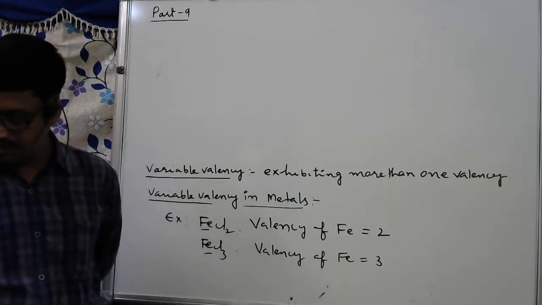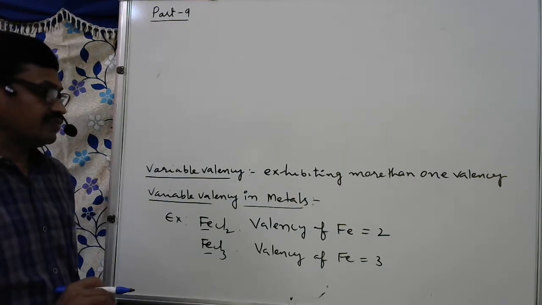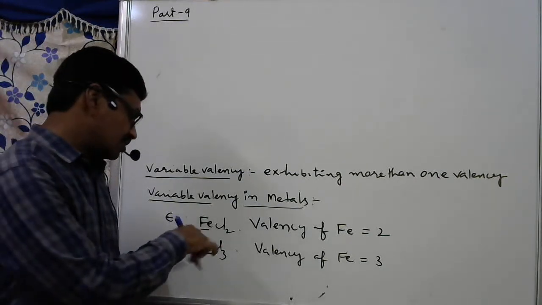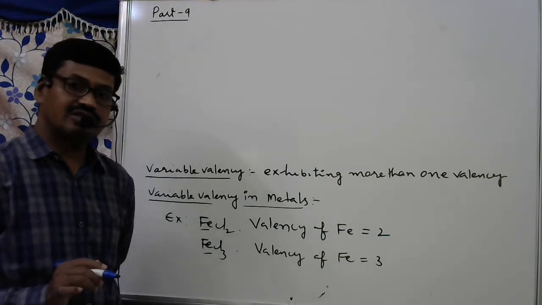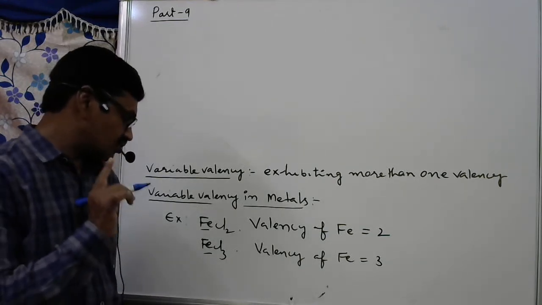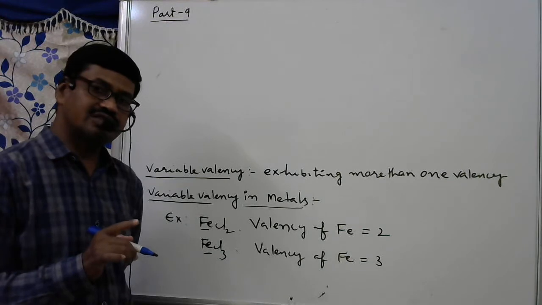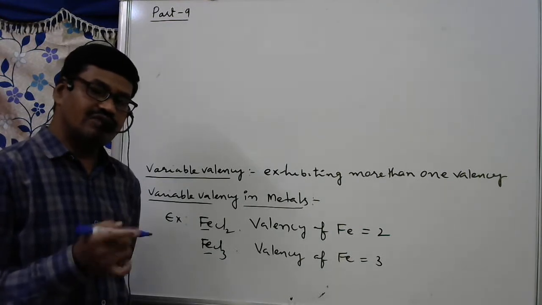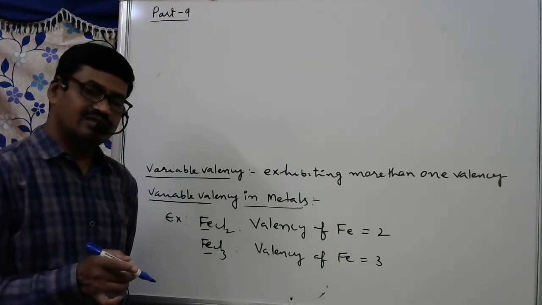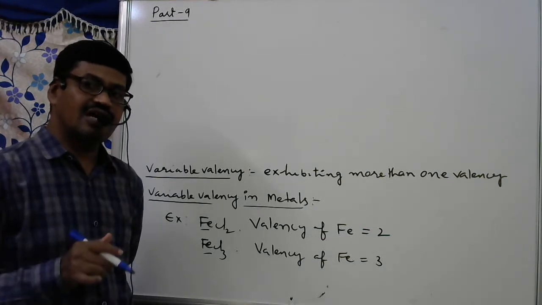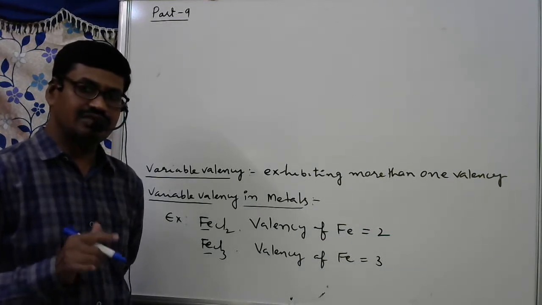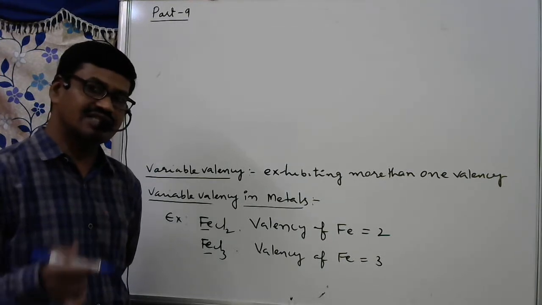Generally, here one thing we have to remember: in metallic compounds, in that particular metallic compound in which it is showing lower valency in comparison, for that lower valency we have to pronounce it as 'ous' compound. Here we have two terms, one is 'ous', the other one is 'ic'.